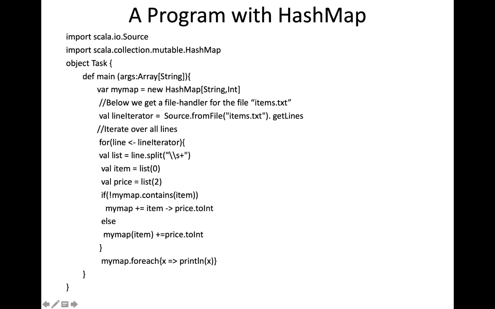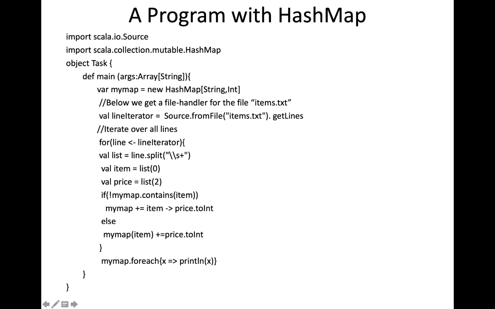Okay, so you can include these two libraries. This is to read things from file, and this is the mutable map. And start an object, name it class, and this is the main function. Create a var type map, call it my map, and this is initialized here, so nothing is there.